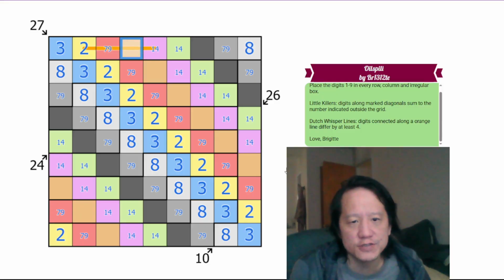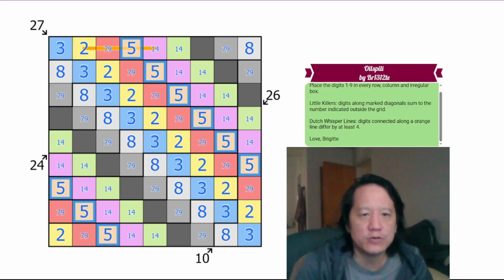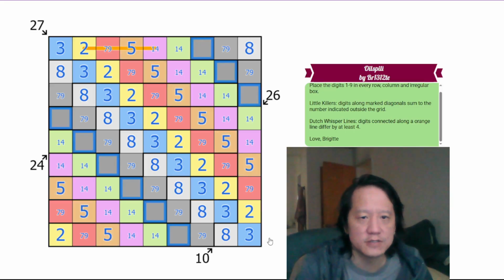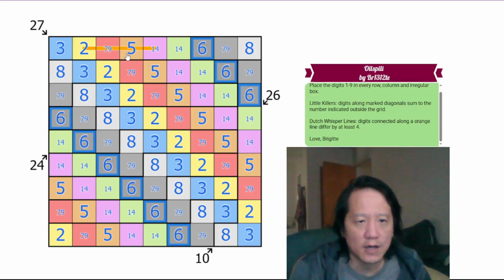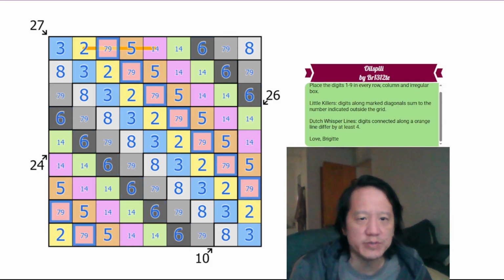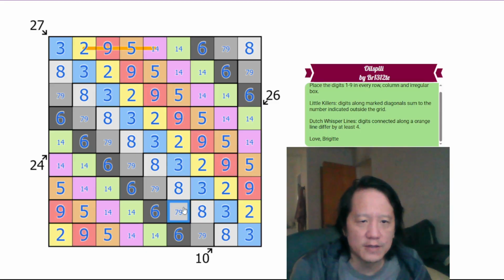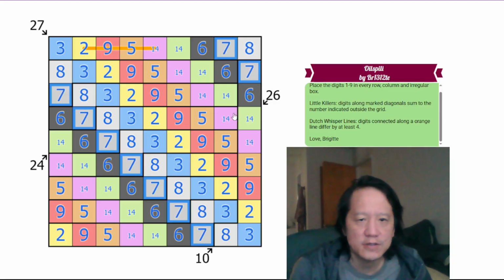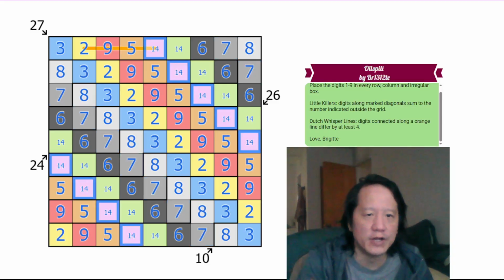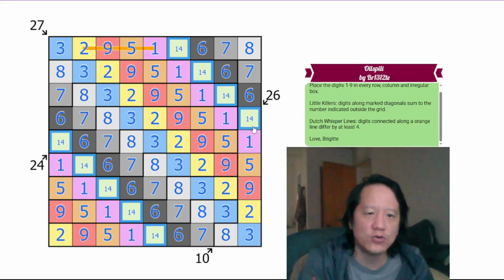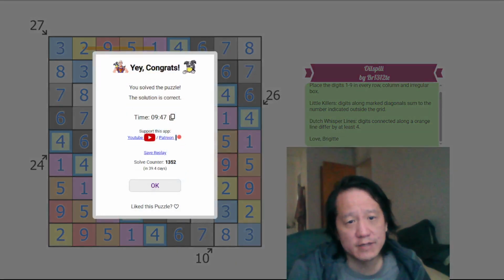Therefore, orange is 5, which means dark is 6. That leaves red having to be 9, because it has to be 4 or more away from 5. So this is 9. That leaves mediums as 7. So pink has to be 1 to be 4 or more away from 5. And greens are 4. And that's it.